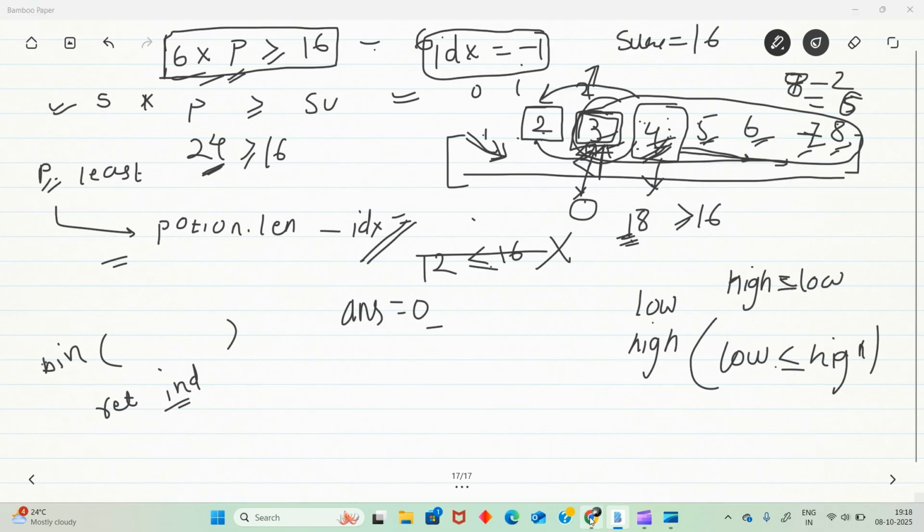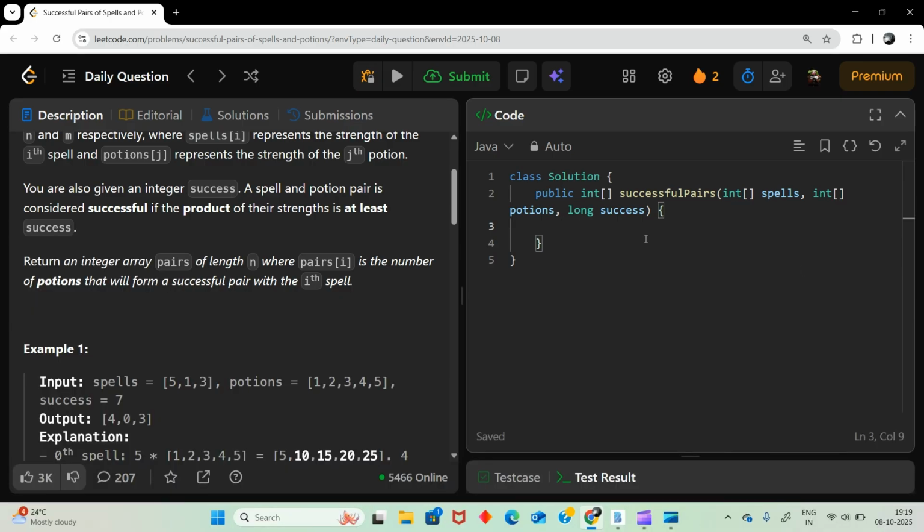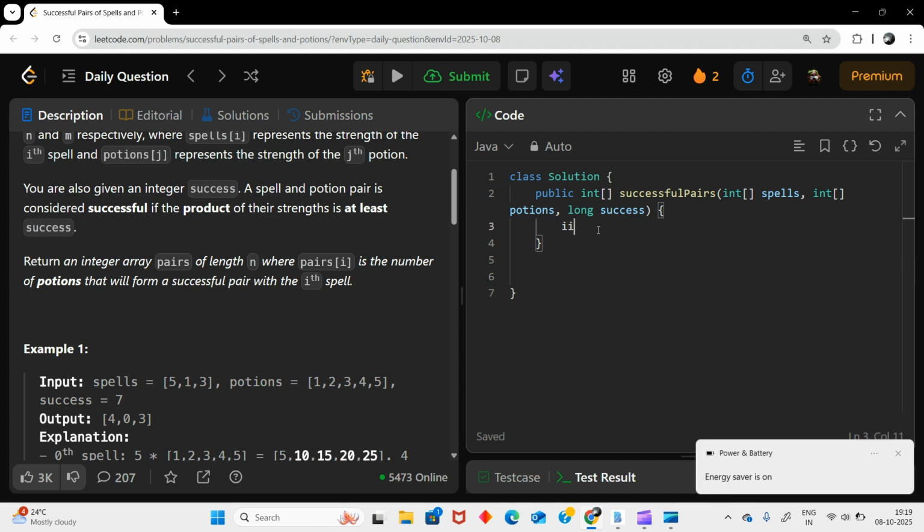Now let's start coding. Let's take an int answer. First we will be sorting the portions: Arrays.sort(portions), not spells.